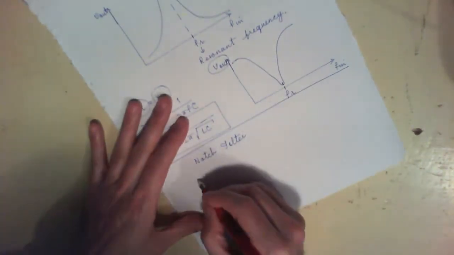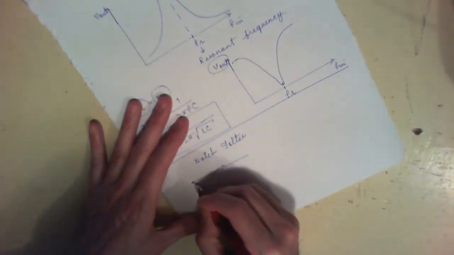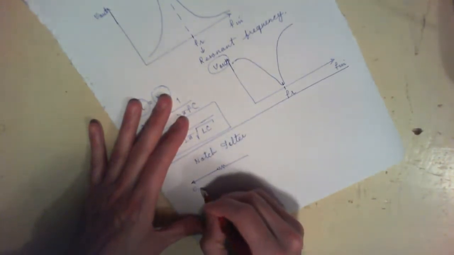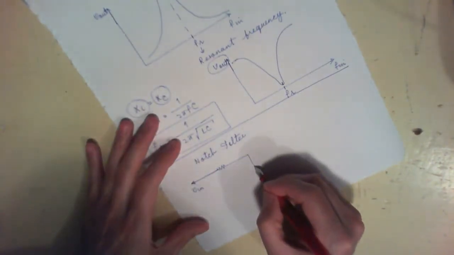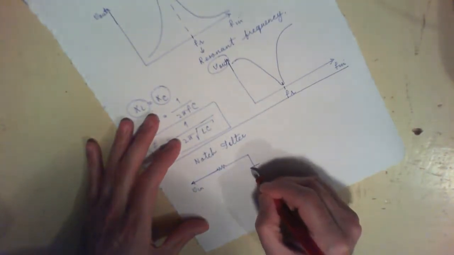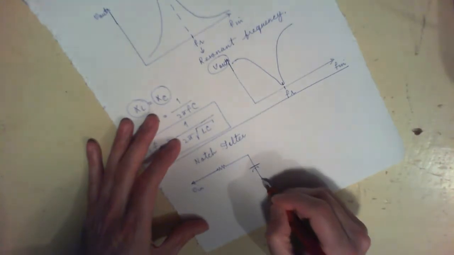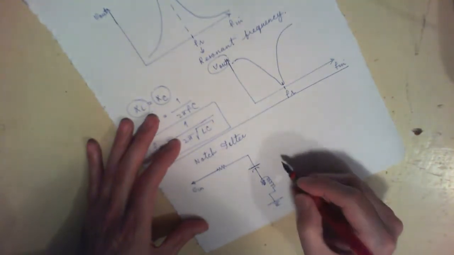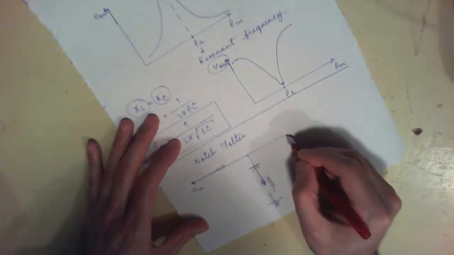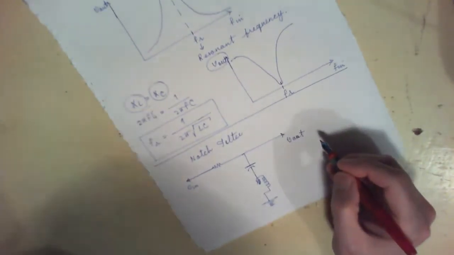The incoming signal comes into your resistor first, and then you have your capacitor here and your inductor there, and your inductor goes to ground, and then this becomes your V of out.